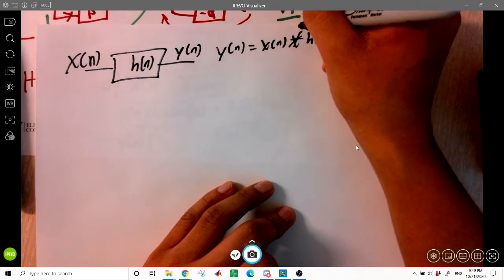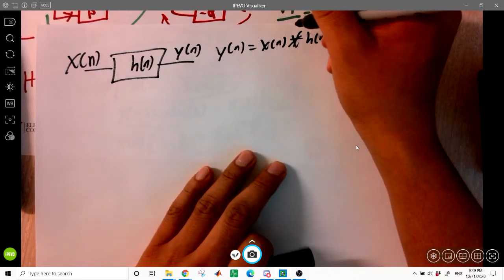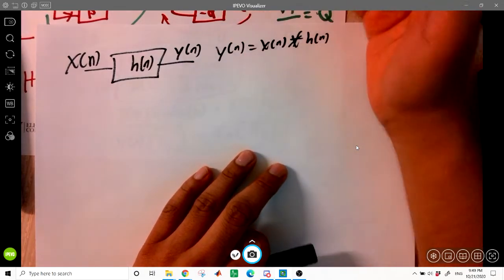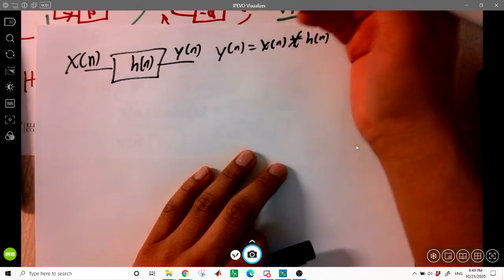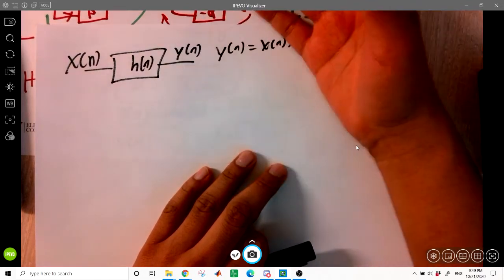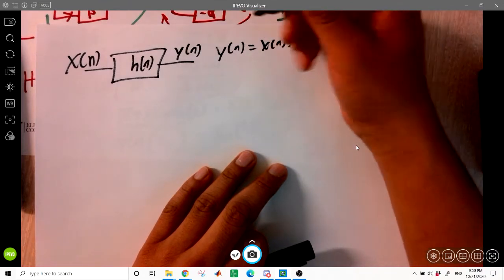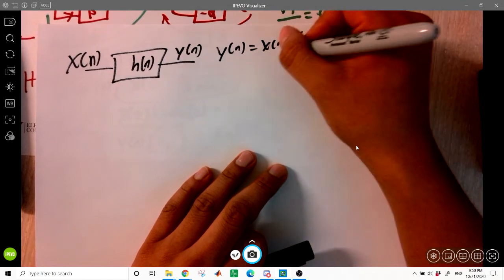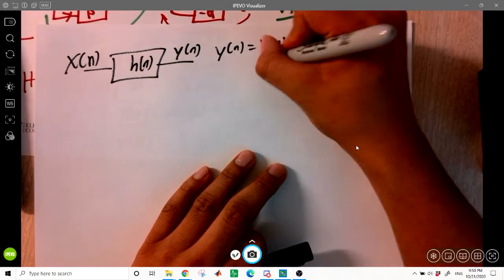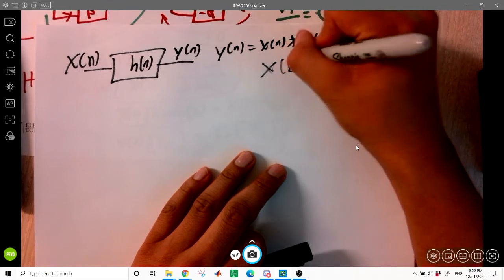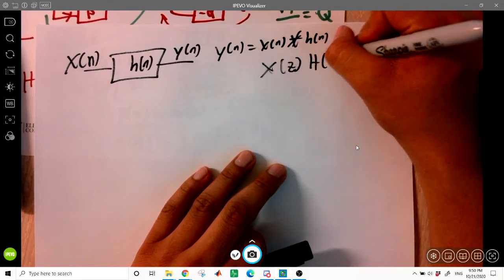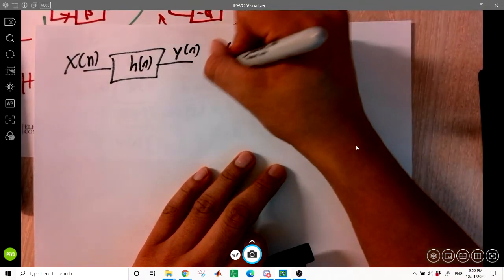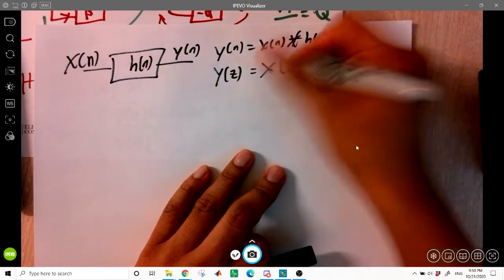If we wanted to go to a different domain, this is all going to sound confusing if you haven't gone through the Z domain yet, or the Laplace domain. This is a nice handy trick too, that you will realize in the next lectures when you discuss the Z transform. Convolution in the discrete domain is also known as multiplication in the Z domain, in the Fourier domain, or whatever domain you like to call it. So we're going to use this to our advantage.